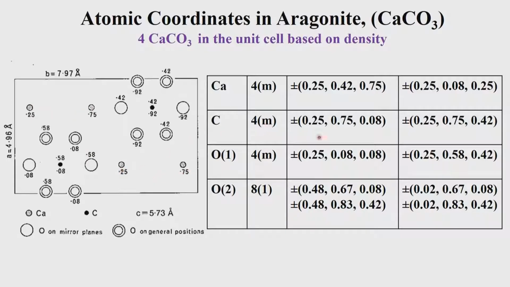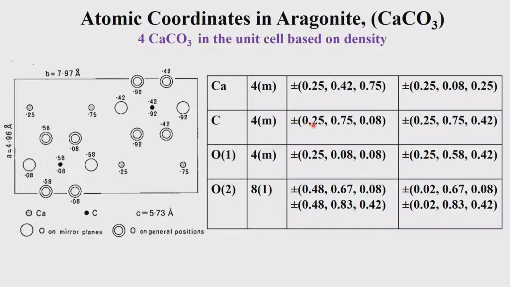The carbon positions now sit at plus minus 0.25, the same mirror. So, we know that there is a mirror perpendicular to the A direction, there is a C glide perpendicular to the B direction, and an N glide with respect to the C direction. We therefore see here that the carbon atom also occupies the mirror symmetry 4 equivalent points, that is plus minus 0.25, plus 0.75 and plus 0.08.